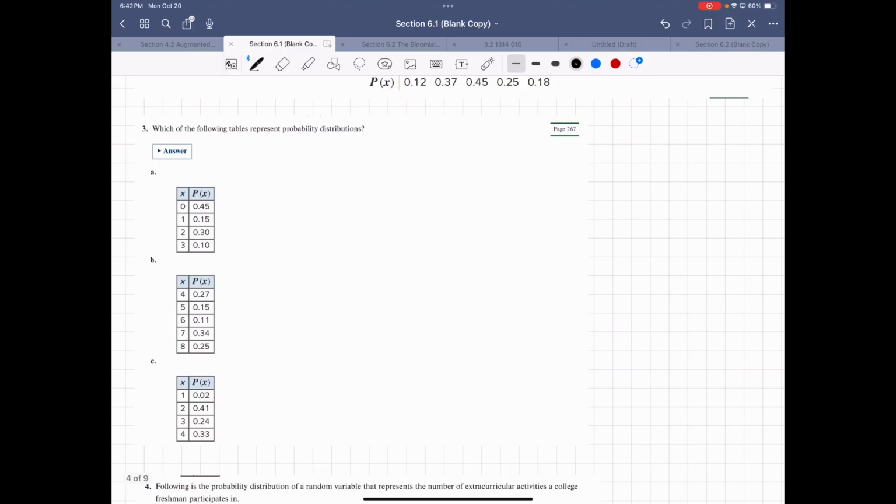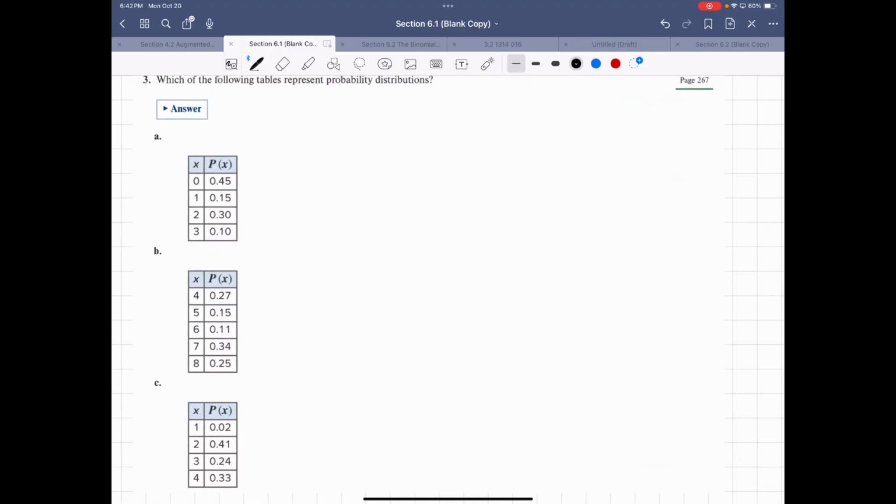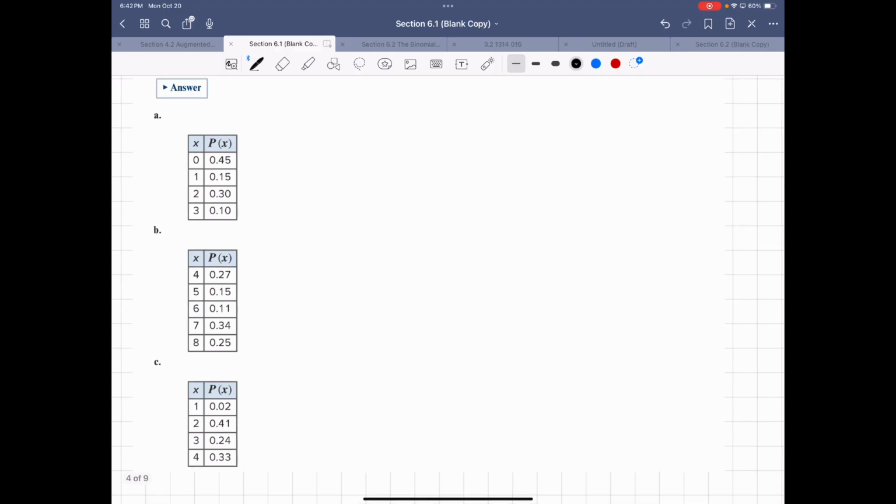Okay, 3 says, which of the following tables represent probability distributions? They've given you a choice, which one's a probability distribution, which one's not. They make these a little more difficult because everybody is between 0 and 1, so we need to add them up. So tell me what you get.